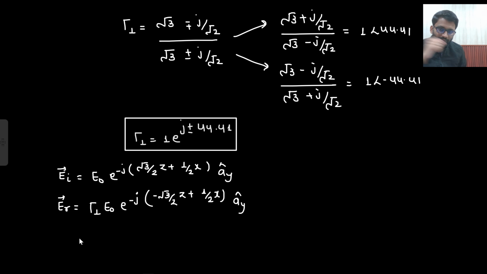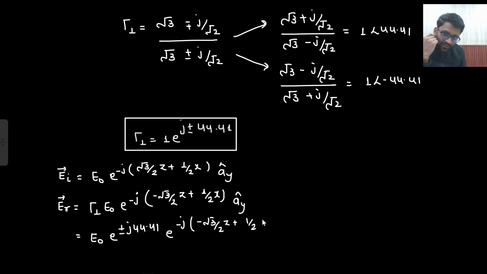So what can I write down? This has a magnitude 1, but it has a phase. That phase is plus minus j 44.41, e to the power minus j. Just this direction is changed. That's it. So this is my reflected electric field.